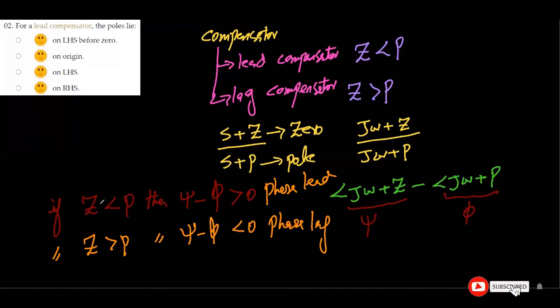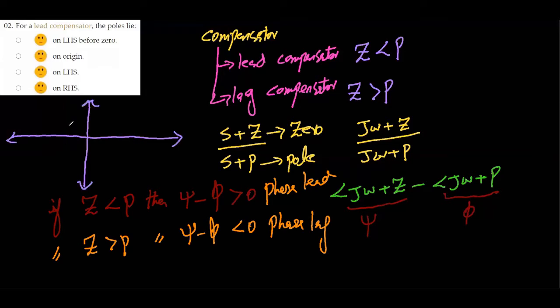So when will this happen? Let's draw it. Actually, for lead compensator, your pole will exist over here and zero will exist over here.